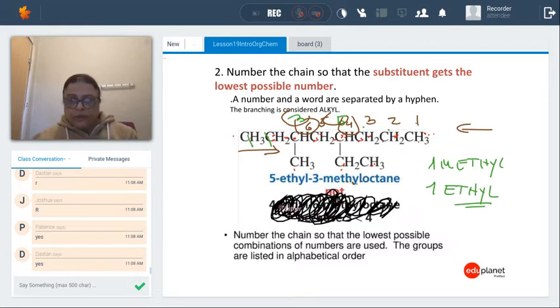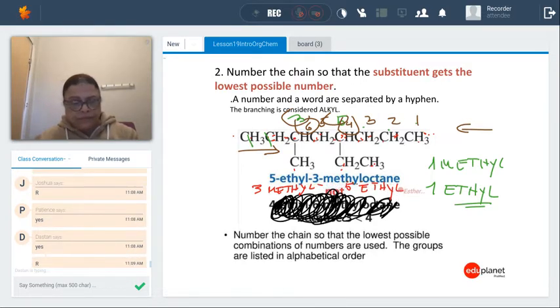Why did I give the name 5-ethyl 3-methyl and not 3-methyl 5-ethyl? It's more logical that the small number would be first. But why did I do that?